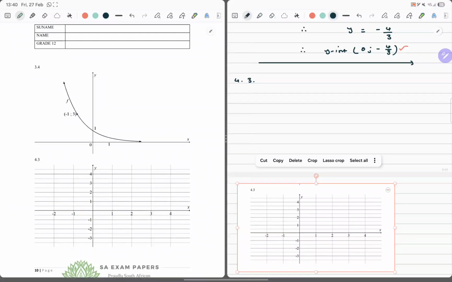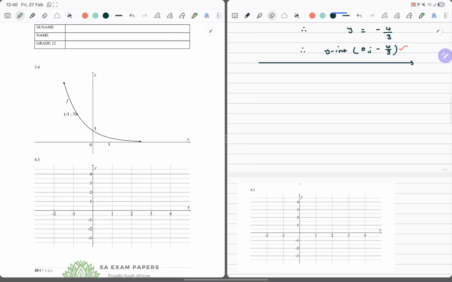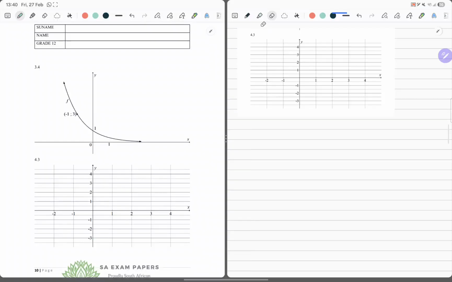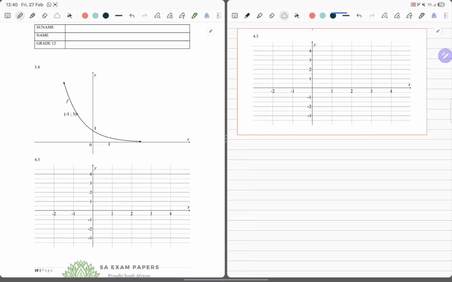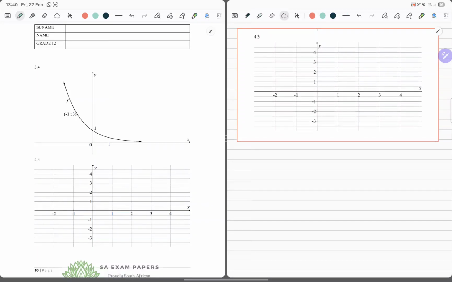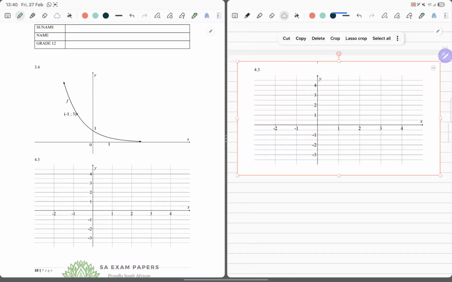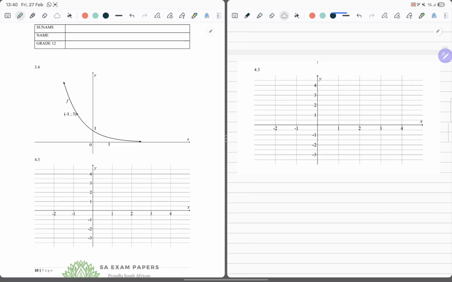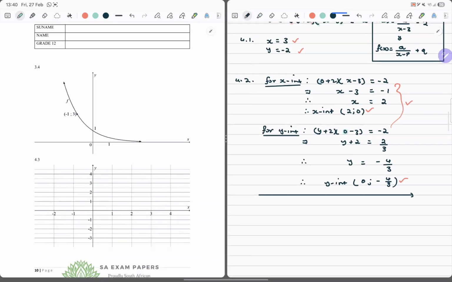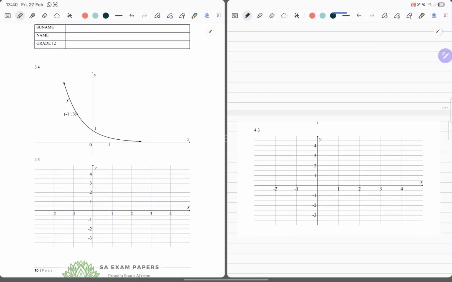Okay guys, it's giving me a headache, so let's just leave it at this position. Right. Just make it nice and sizable so that we can see it. Obviously, guys, we're going to have an asymptote at x is equal to 3.